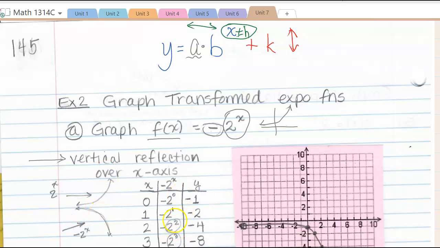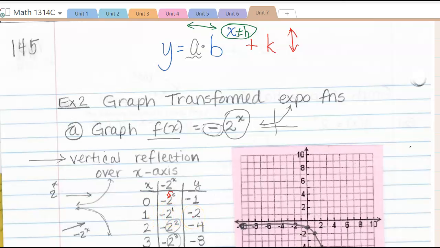And we can see that with our values here. If I plug in 0, I'm going to have negative 2 to the 0 power. Remember, the 0 power is only affecting the 2, so that's how I get a negative 1, because 2 to the 0 power is 1. When x is equal to 1, I have negative 2 to the 1. 2 to the 1 is 2, and I still have the negative on the outside.